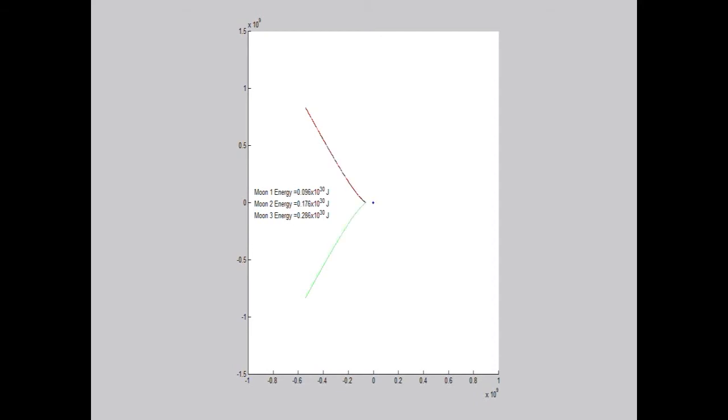But as the simulation goes on, you can see that Moon 2, which is the red trajectory, actually becomes negative. And what that means is that it is actually captured now by Neptune. So it is now an orbiting body. And you can see towards the end of it that it actually does complete a full orbit. So I thought that was pretty cool.